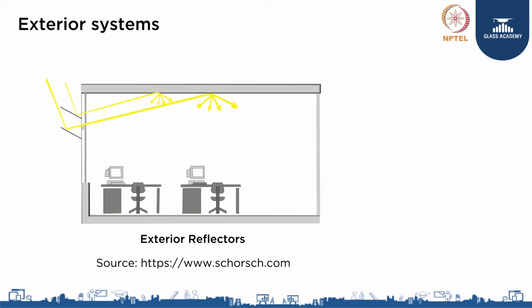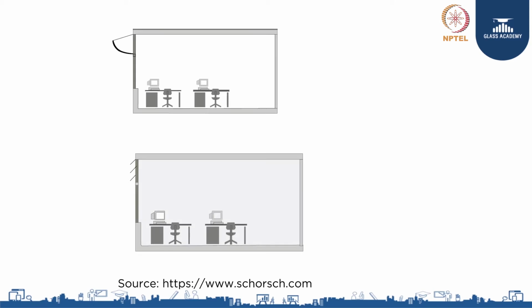The exterior surfaces need not be straight, they can also be curved. Why do we want to make it curved? Because the sun altitude changes with the season. So in the summer it is at a higher altitude, in the winter it is at a lower altitude. So if I want to redirect this towards the same spot inside the ceiling, then I would need a curved reflector.